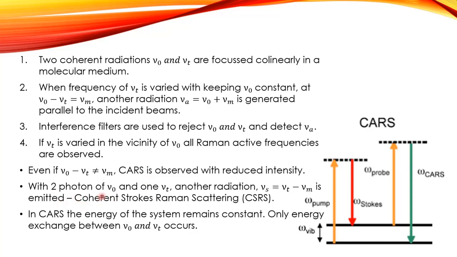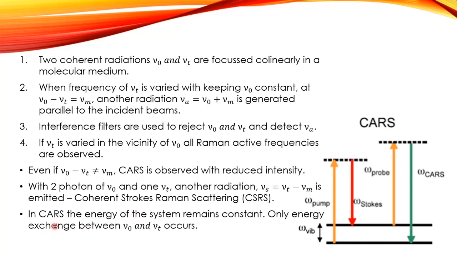If two photons of nu0 and one photon of nu-t are absorbed, just like in hyper-Raman, then another radiation, say nu-s, equal to nu-t minus nu-m, is emitted. So it is Stokes with respect to nu-t, and this is called coherent Stokes Raman scattering, CSRS.